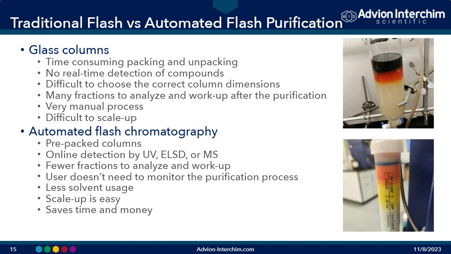The other advantage to this is that the user does not need to monitor the purification process. It's something that you can press play on and walk away and do other laboratory tasks. It has the added advantage of using less solvent than the glass columns. Scale up is generally much, much easier in automated flash. And again, overall, it saves time and money, which is very important to the average organic chemist.